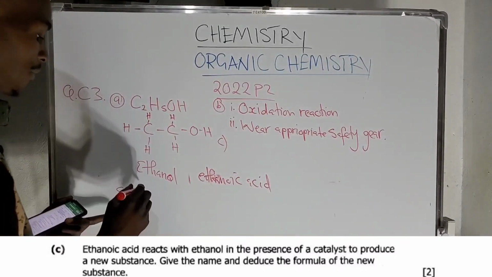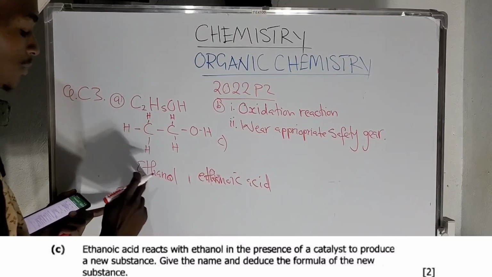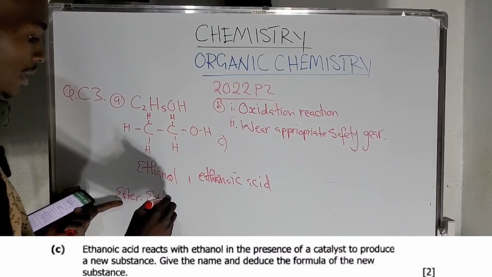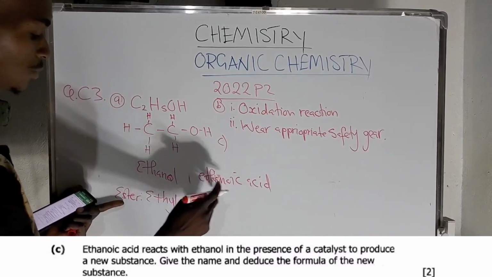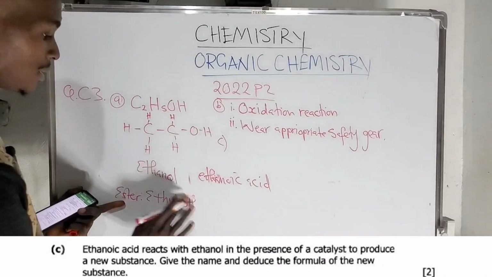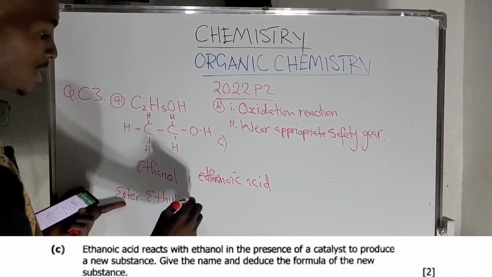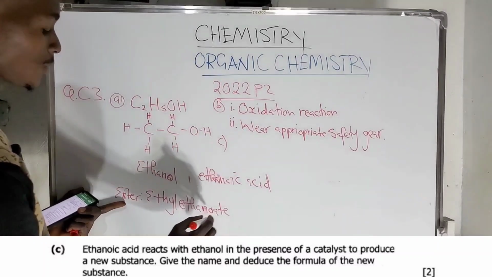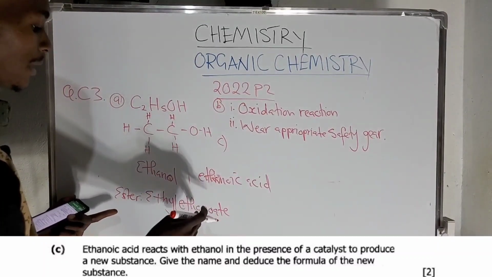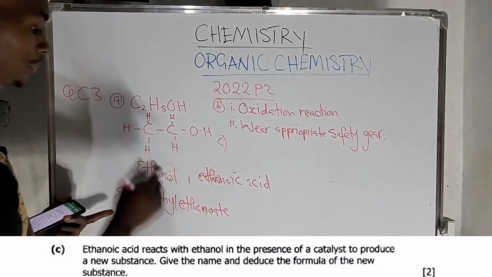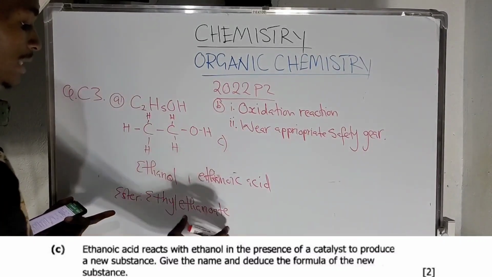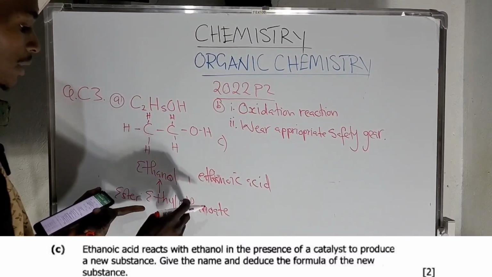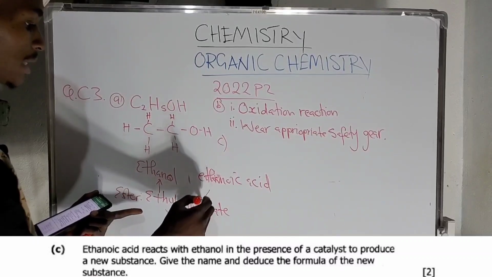The name of the compound formed starts with the name of the alcohol, so it will be ethyl ethanoate. Esters end with the ending -noate. Ethyl comes from the alcohol, then the last part from the carboxylic acid.